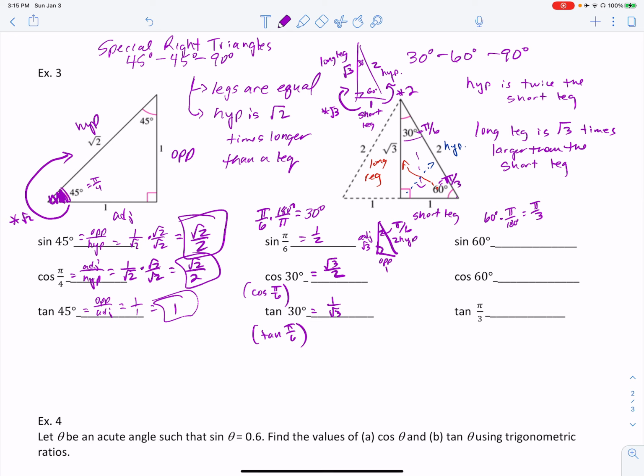But then we need you to rationalize always, and write it times root 3 over root 3. You get root 3 over 3, and that is your tangent of 30 degrees.